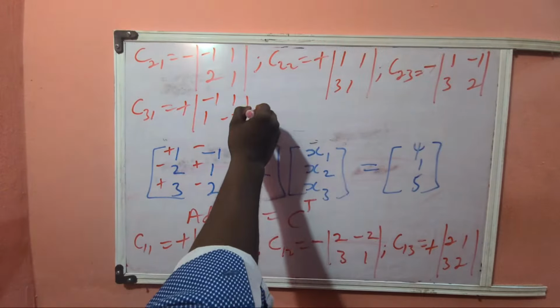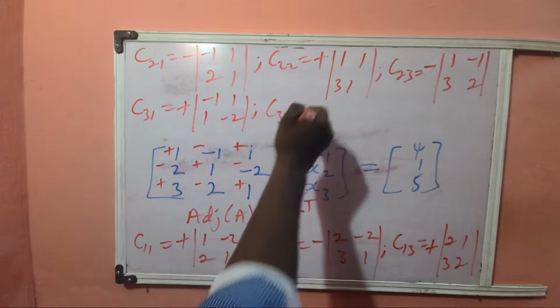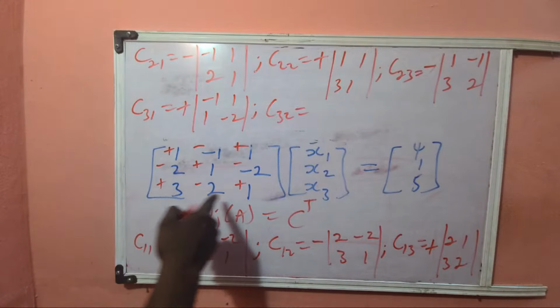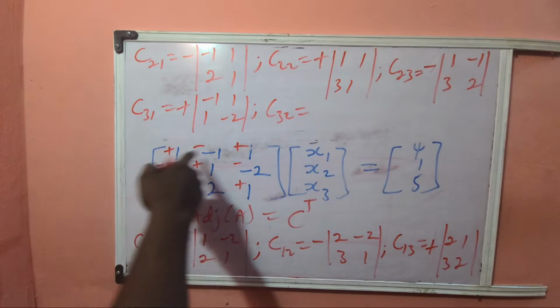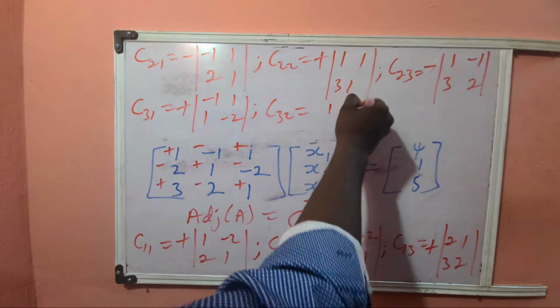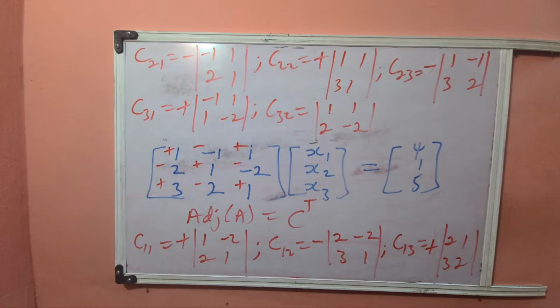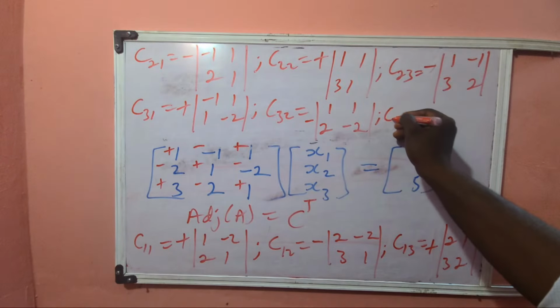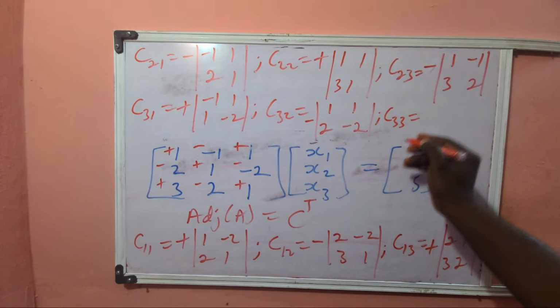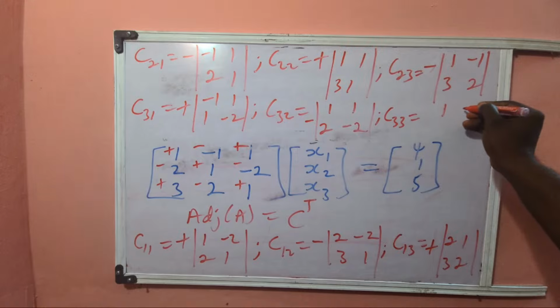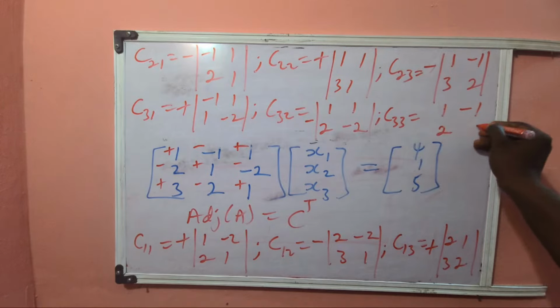And then for C3, 2, we're dealing with 1, 1, 2 minus 2. And for C3, 3, we're dealing with 1, minus 1, 2, and 1.